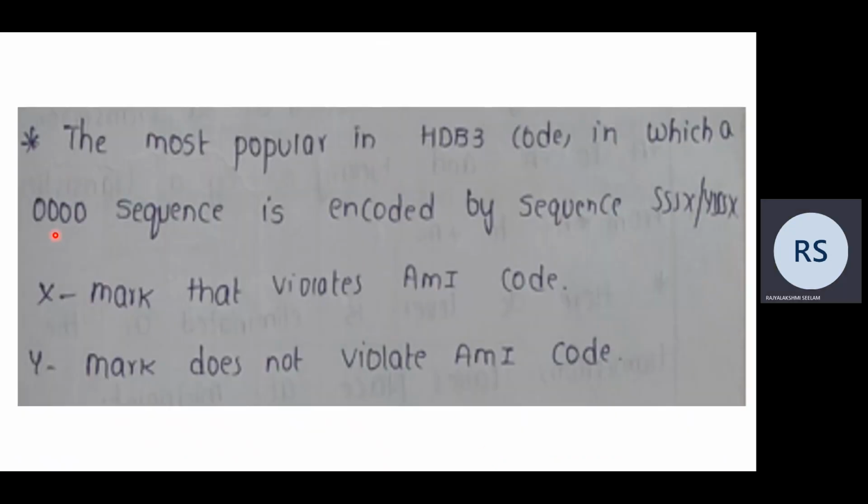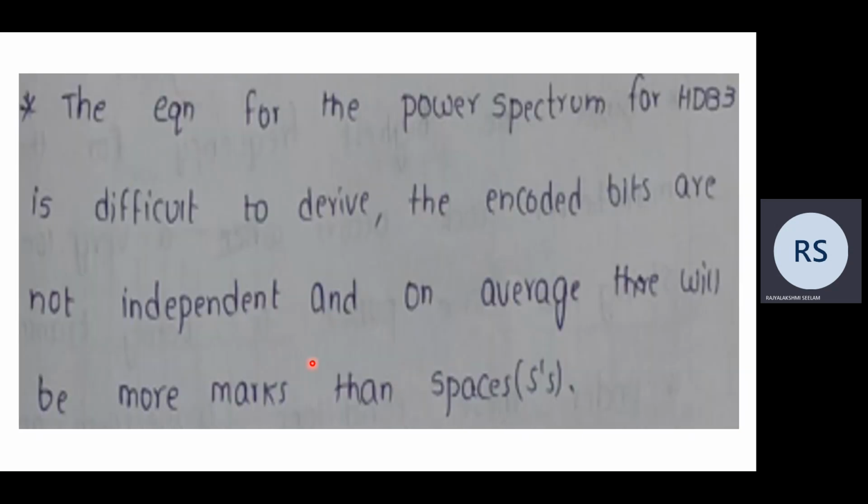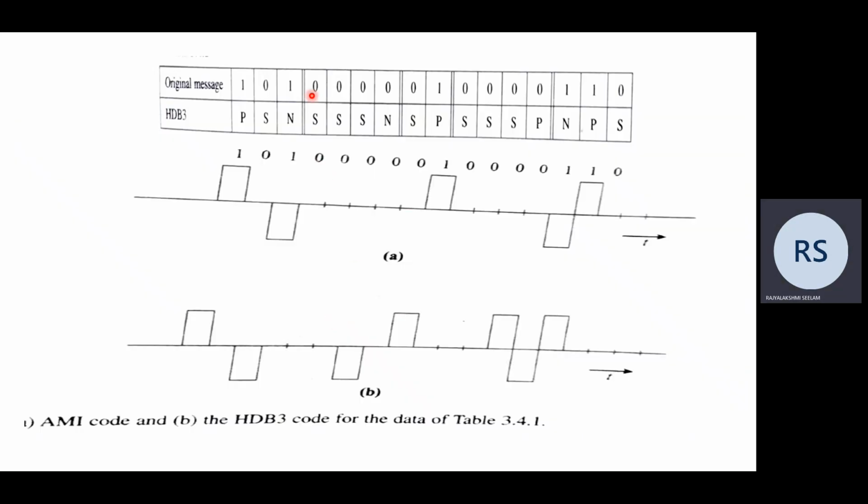If we have a 4 zero sequence, it is encoded by the sequence SSSX or YSSX. So based on this, for 4 zeros we will consider 3 S and N. Here also we have 4 zeros, so here we will consider SSS and P.